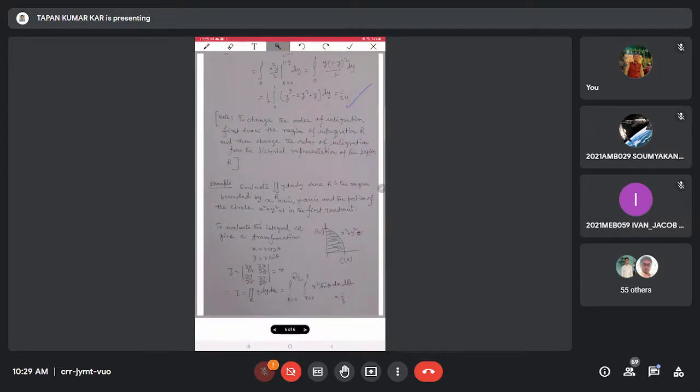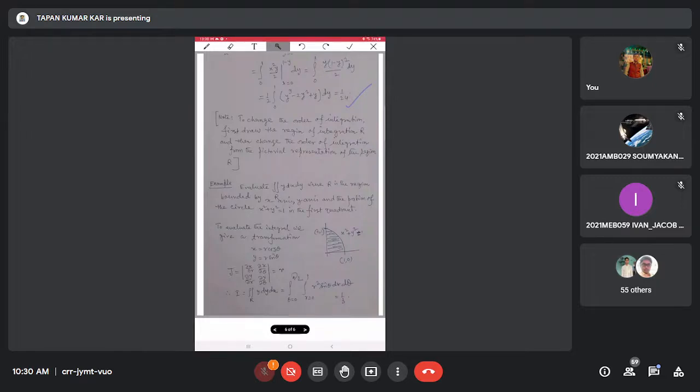Okay, this note is very important. To change the order of integration, first draw the region of integration. I told you that whenever you are going to change the order of integration, first draw the region of integration. If you cannot draw the region of integration, then it will be difficult to change the order of integration. This is very important.